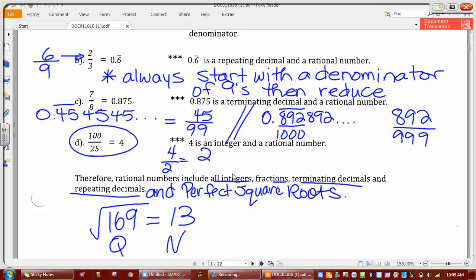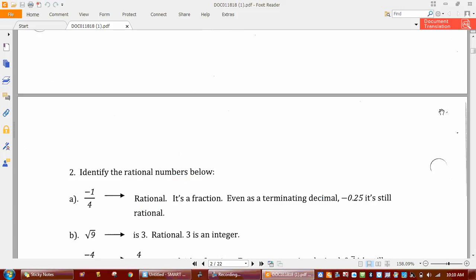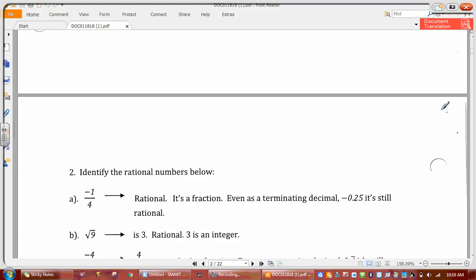Push pause down, play when you're ready. Okay, so if we were to do a tick chart, it looks like this. We're just going to draw a little mini one here.